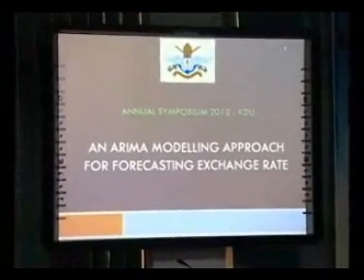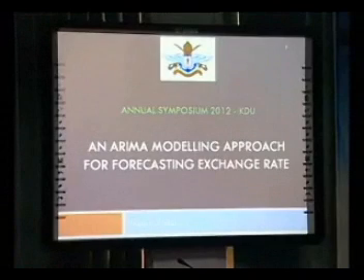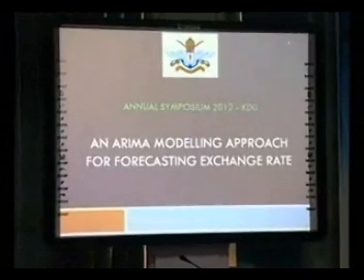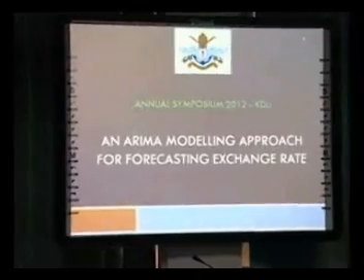Today my presentation is an ARIMA modeling approach for forecasting exchange rate. The goal of this project is to model the exchange rate between the US dollar and the Sri Lankan rupees by using the ARIMA model.